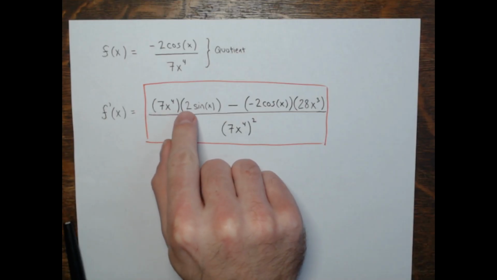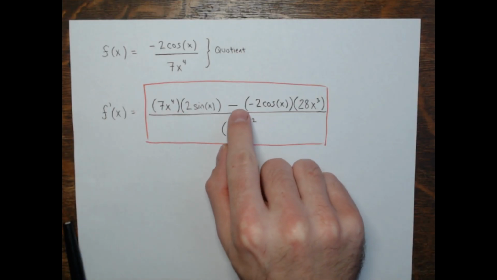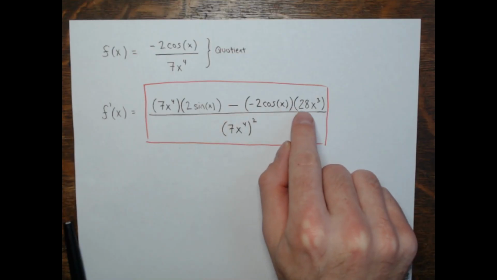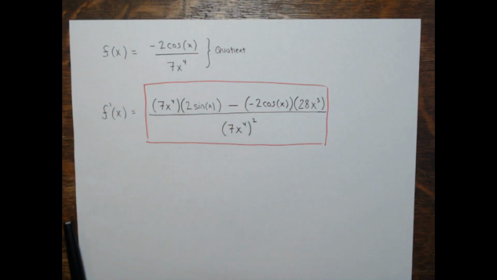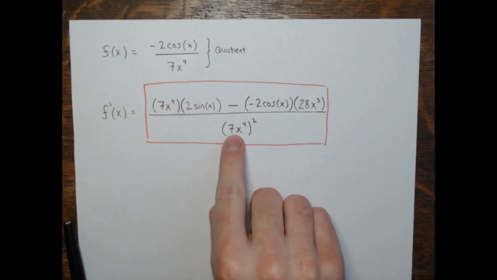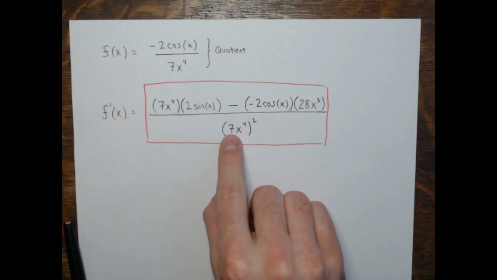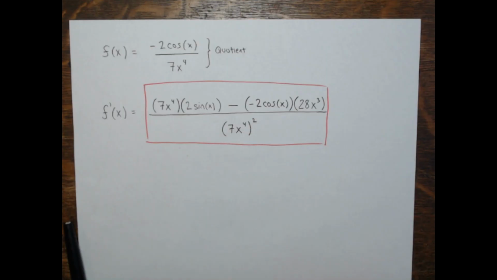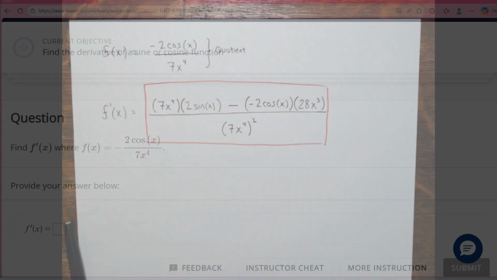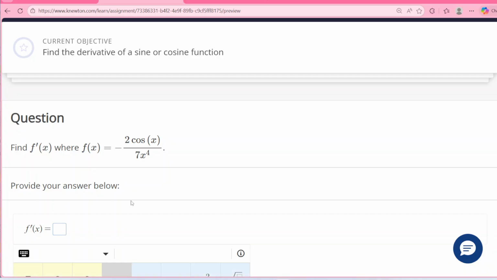Now I can make 7 times 2 into 14. I can make this positive 2 times 28 into 56. So I might do that. And then down here, 7 squared is 49. x to the 4th squared is x to the 8th. So I'm going to write that as 49 x to the 8th, just to save a little time on typing. Yeah, so make sure when you have multiple terms in the numerator, the entire thing is in parentheses, so that when you hit divide, it'll all be up there.